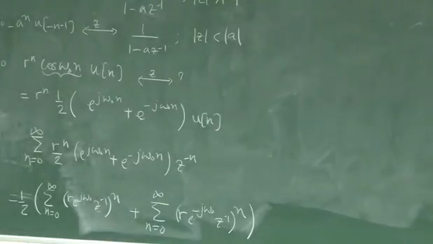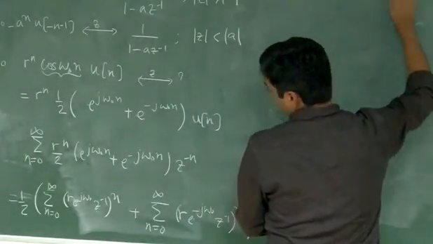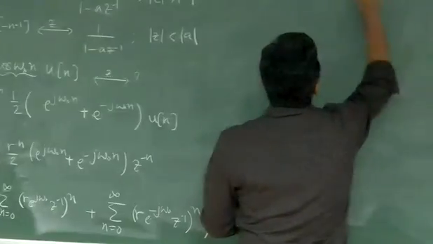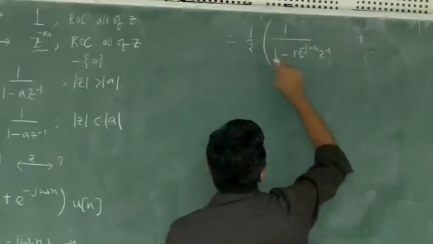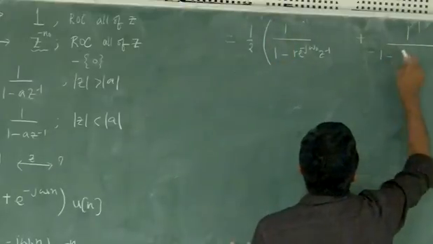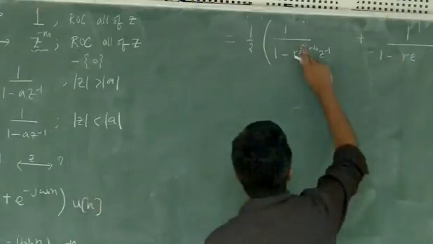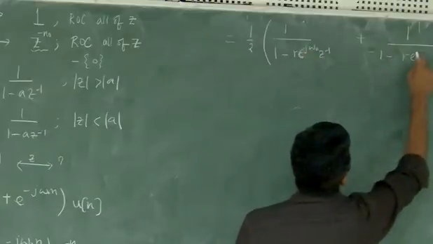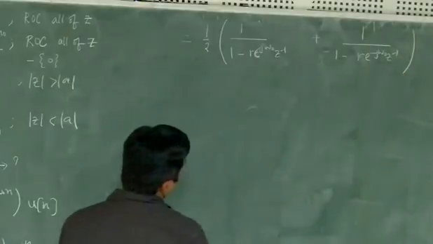Right? Anyone wants to quickly simplify that? This is in the same form of this thing, right? So that is equal to 1/2 of 1 over 1 minus... And what is the condition now that I have?